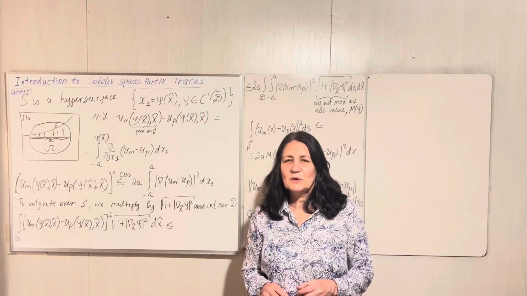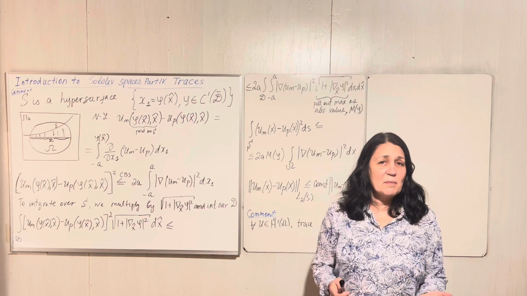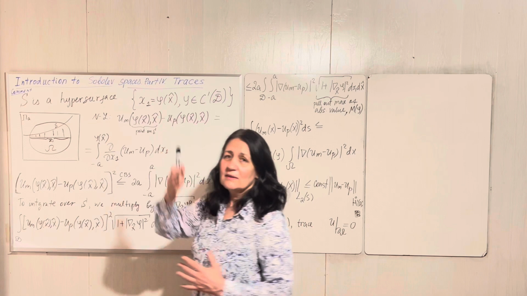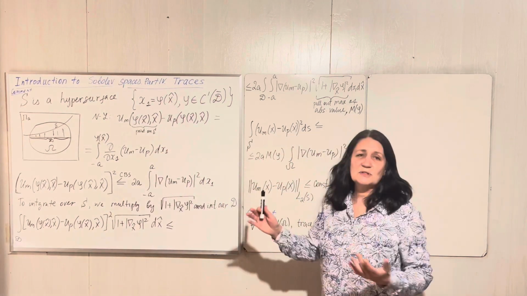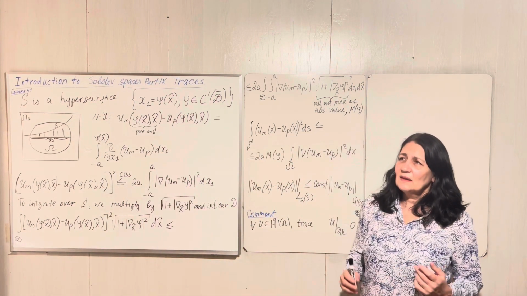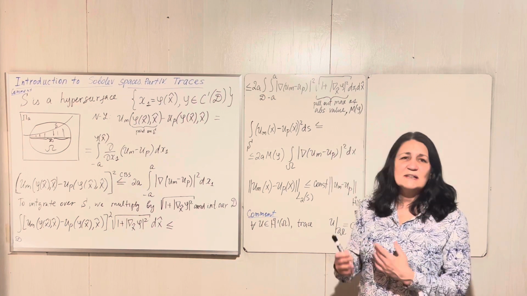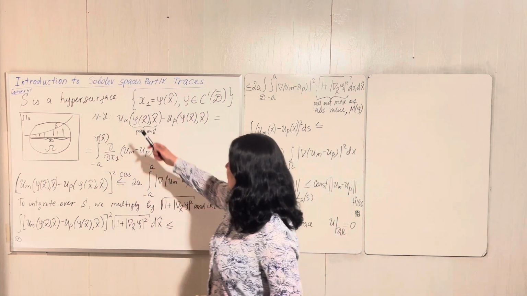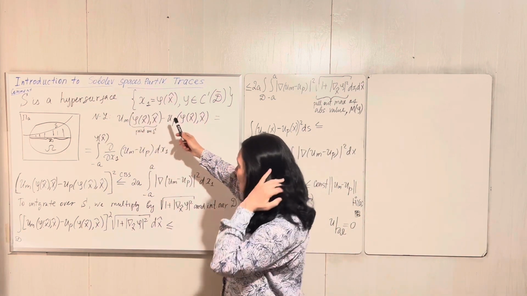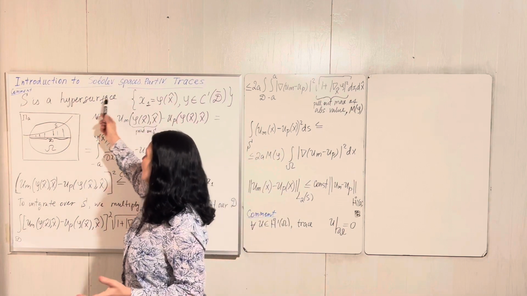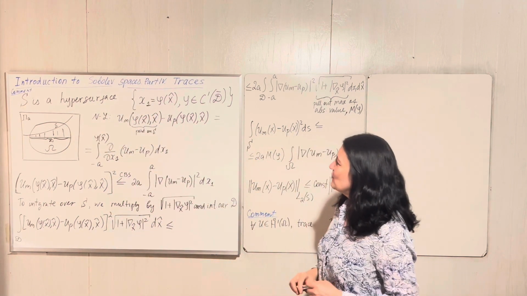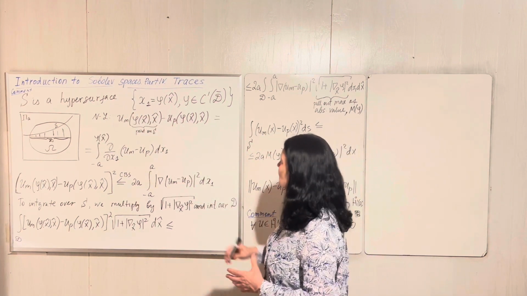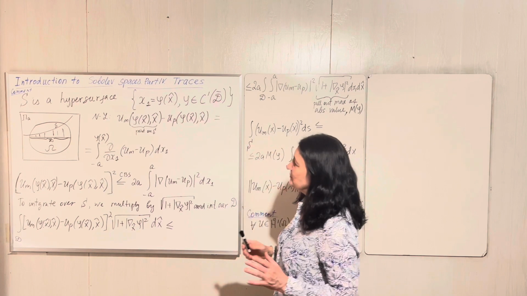So far we've been talking about traces on hyperplanes. But what if our S is not planar? What if it's a smooth hypersurface? Then we can basically repeat everything that we said for hyperplanes. So, for instance, we will be talking about a piece of hypersurface that is defined by this equation, and φ is C^1.